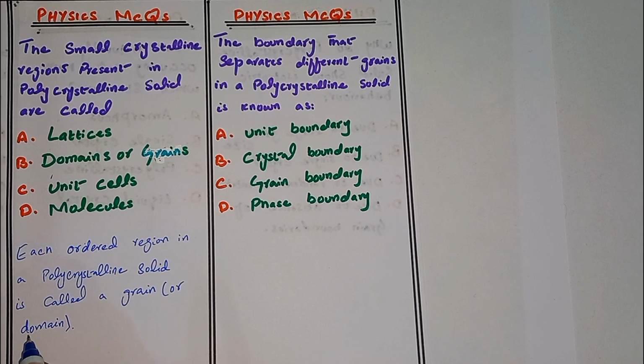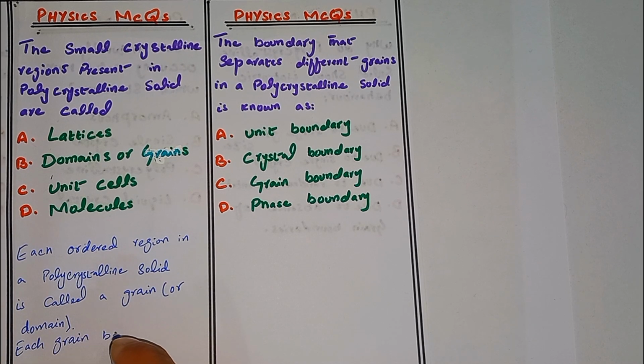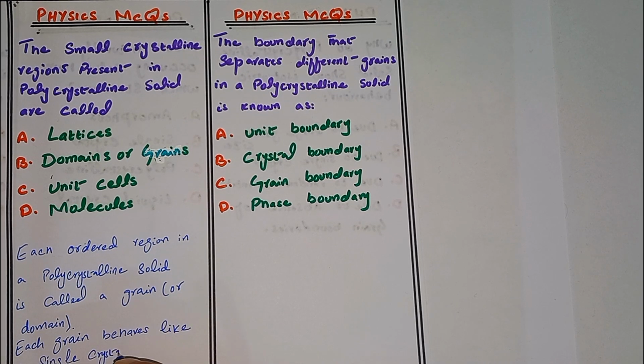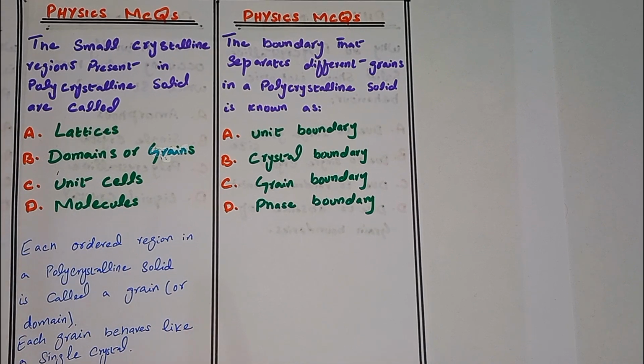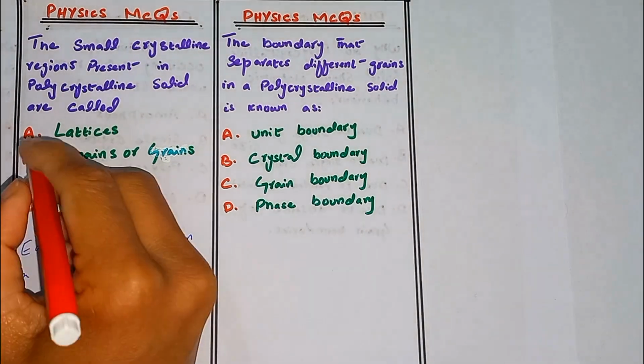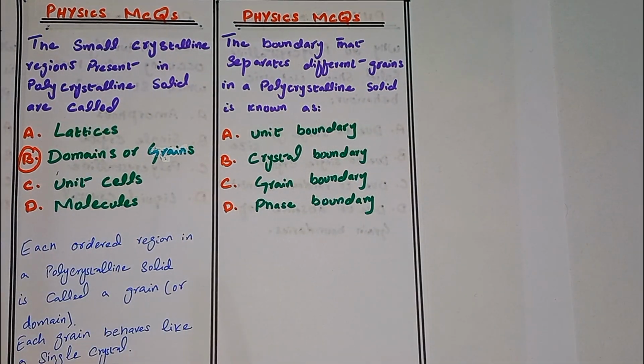Each grain behaves like a single crystal. So the correct option is domains or grains.